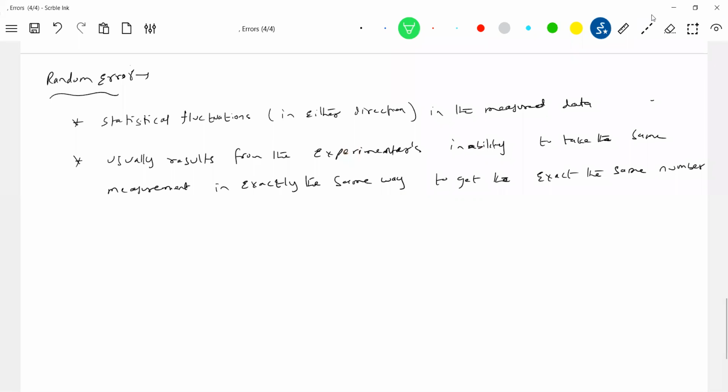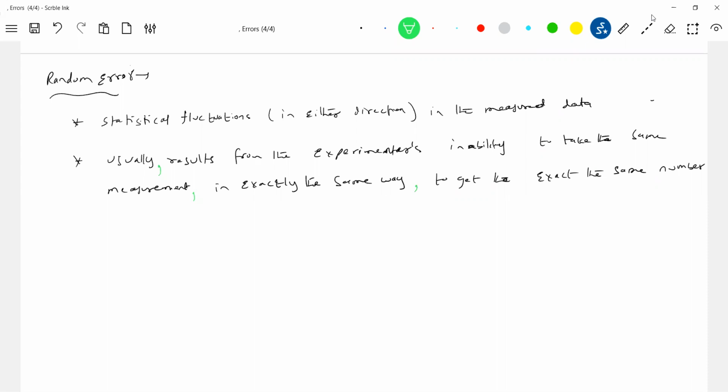Usually, in exactly the same way to get the exact same number. It's my inability to perform the same experiment, to take the same measurement in exactly the same way to get the same number.